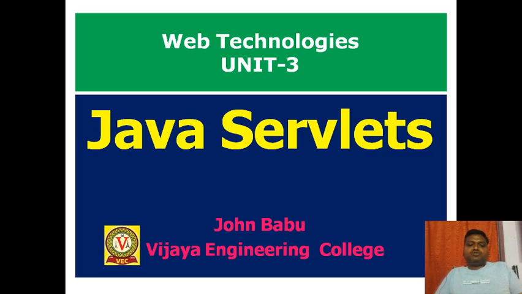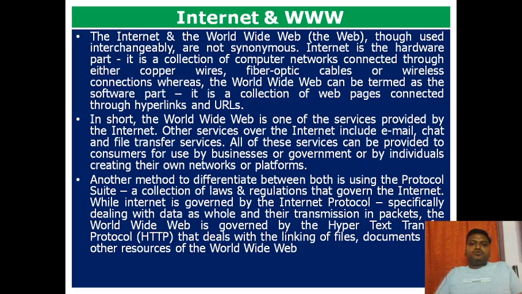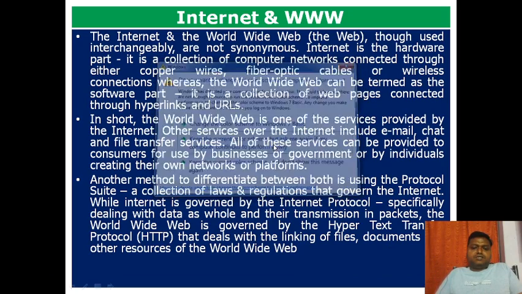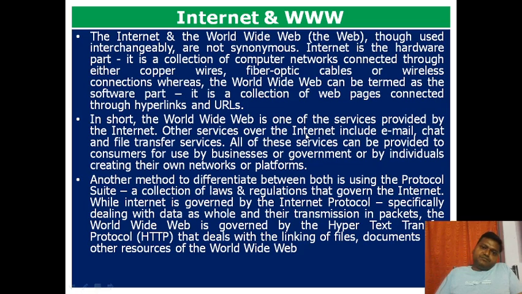So let's move on to the next part of the syllabus or the curriculum, Java servlets, which comes under third unit. So let me ask all of us, we are using internet and we are using World Wide Web. So what is the difference between the internet and World Wide Web?